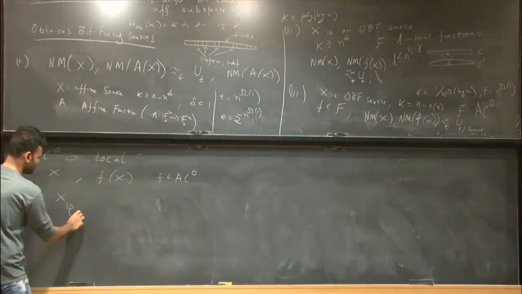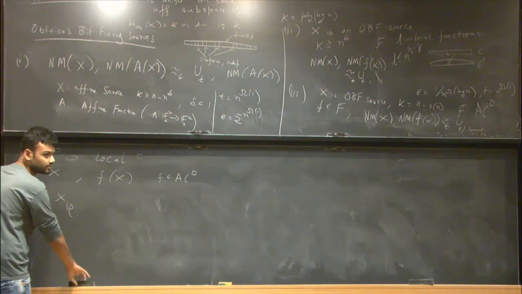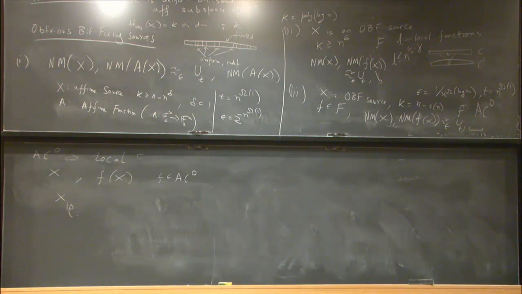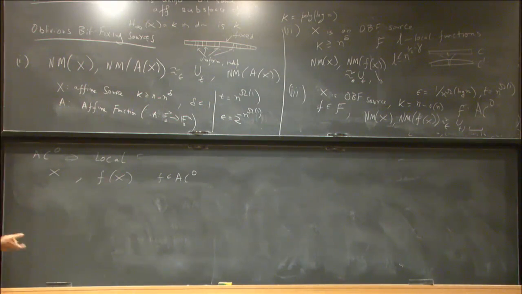I don't know if everybody knows about this. Either you explain it or you don't explain it. You can say there is a standard way to get from AC0 to local. Let me do this, and I'll not show the other, because the other things are more new.